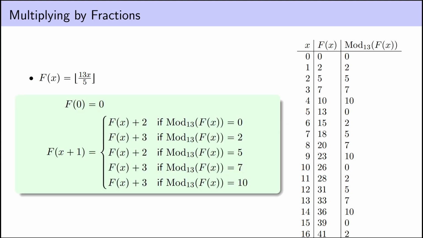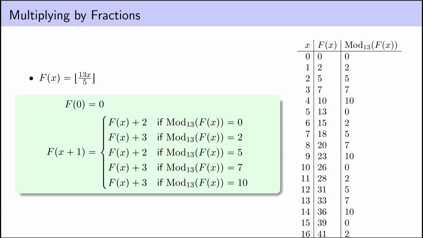F of 0 is, of course, 0. And then we want to go from one value of f in the table to the next. And to do this, we wind up either having to add 2 or 3, 13/5 rounded up and 13/5 rounded down. And which one we add is always the same depending on where we are in the cycle.